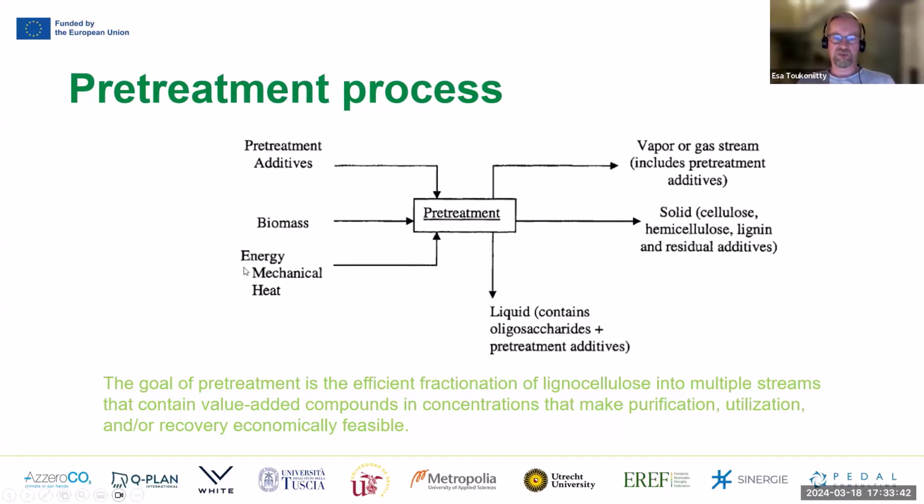So you need also, sometimes, not always, but quite often, energy input, heat, mechanical energy, and also certain chemicals or additives are usually required. Once you apply these, you do the pre-treatment. Then you get the desired component: cellulose, hemicellulose, lignin, or something else.